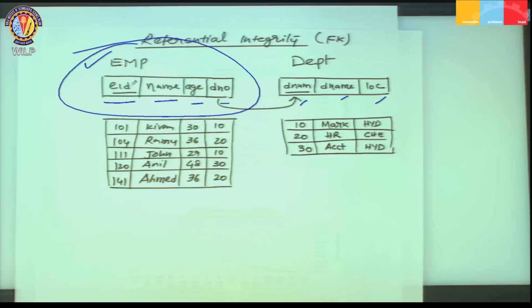Since this attribute is underlined, we assume that it indicates the primary key of the table employee. What is the primary key of the table department? It is dnum. Now I make the dno attribute of the employee table or relation a foreign key, which references dnum of the department table, meaning that employee is a referencing table and department is a referenced table.